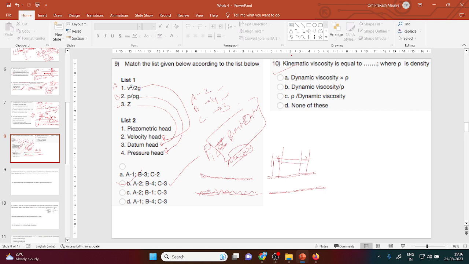Yes, it will be lower than that. And if the pipe has more friction, then what will happen with the velocity head, right? Yes, sir. For that doubt I need some clarification.